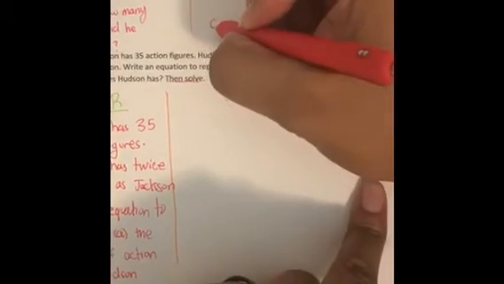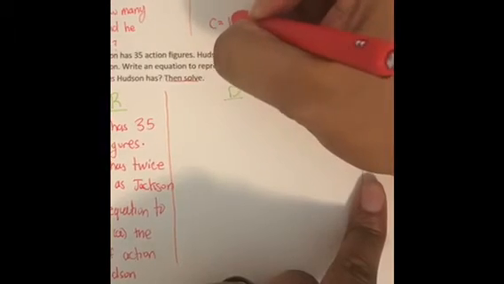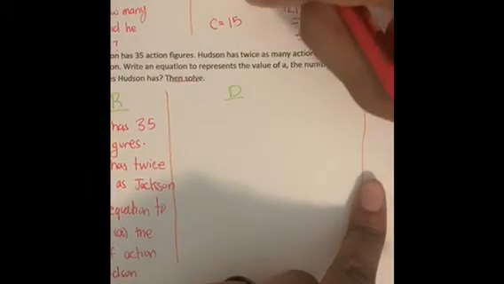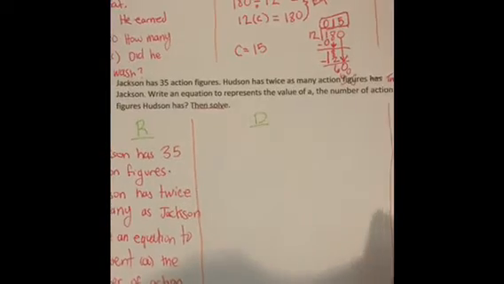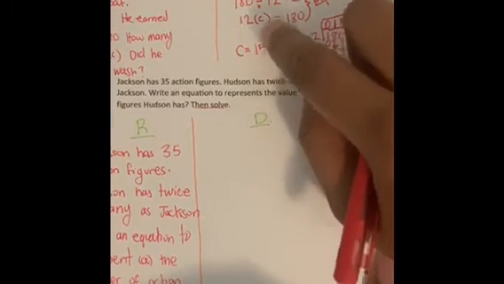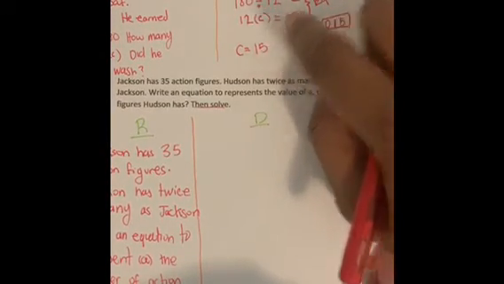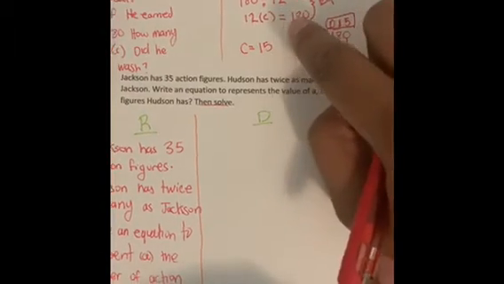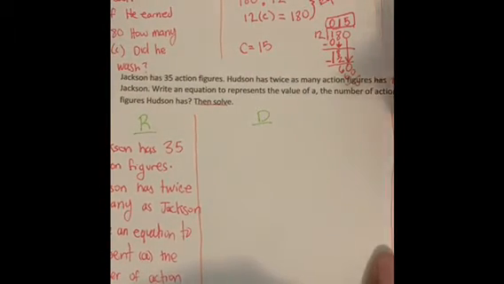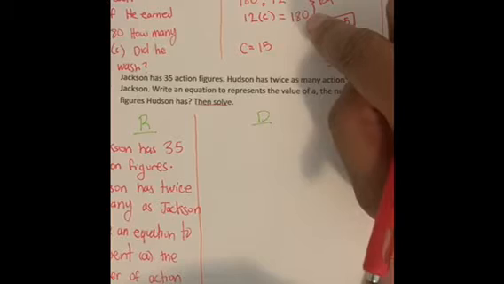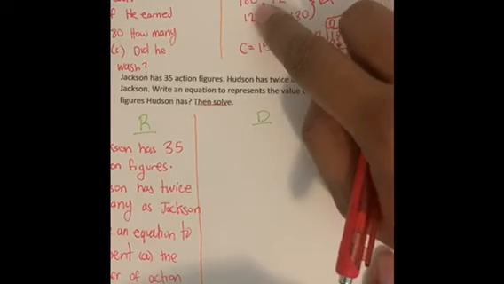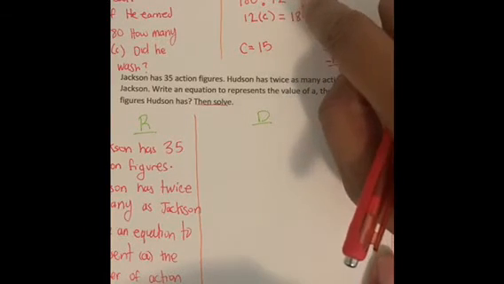So C equals 15. So if I put 15 over here, 12 times 15, and you can actually check it, is going to be 180. Go ahead and check that yourself when you get a chance. 12 times 15 is in fact 180, and 180 divided by 12 is in fact 15.